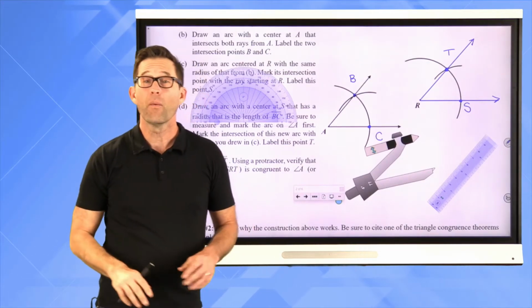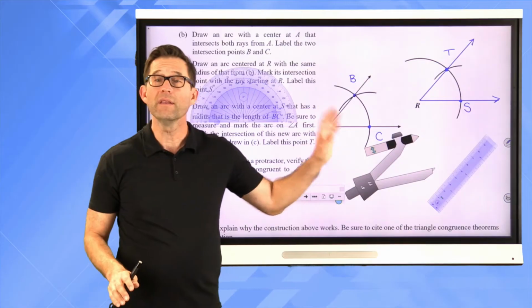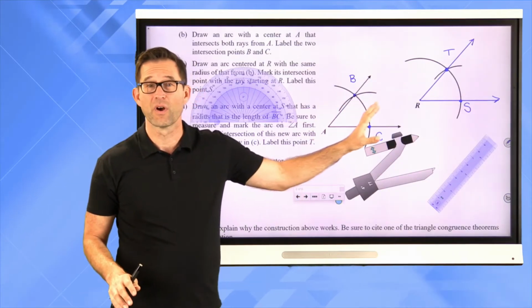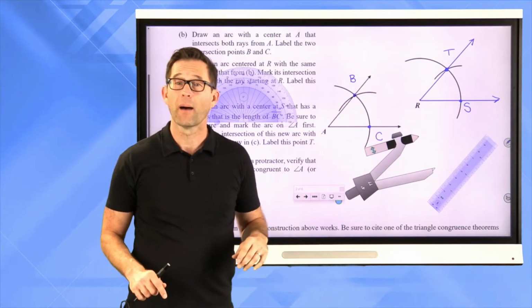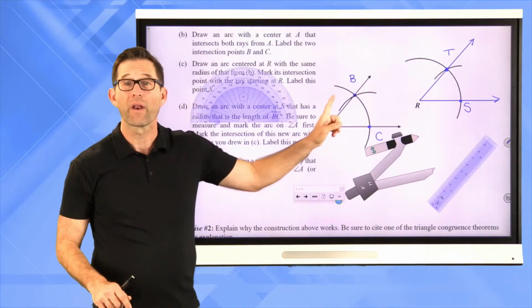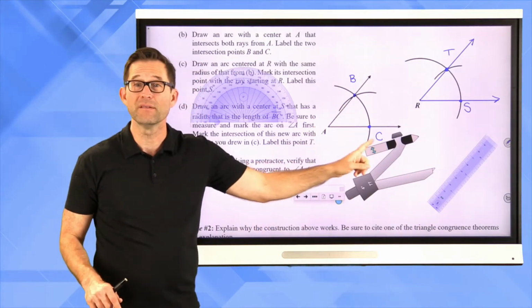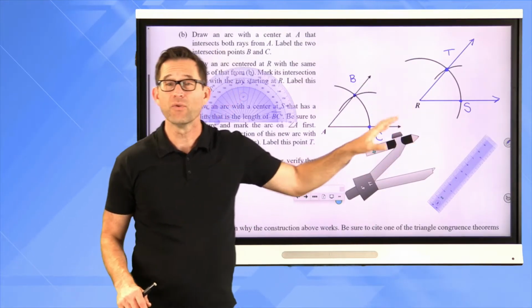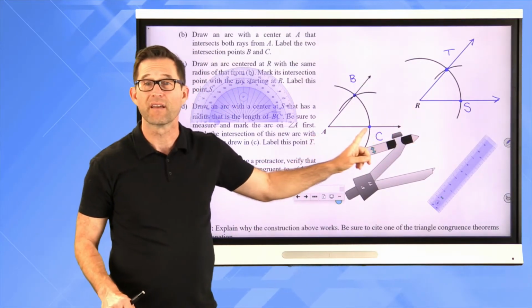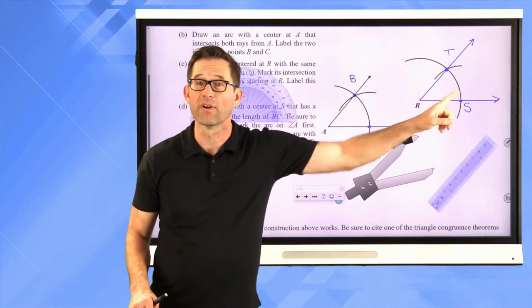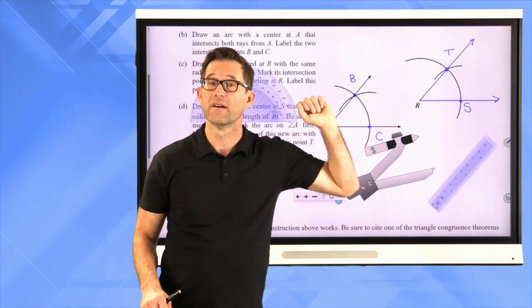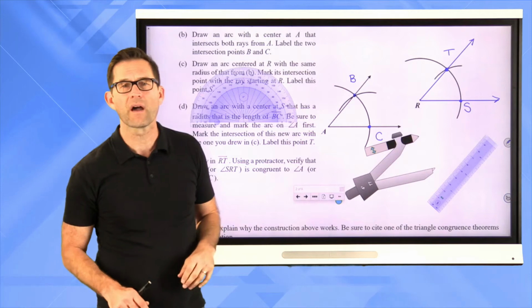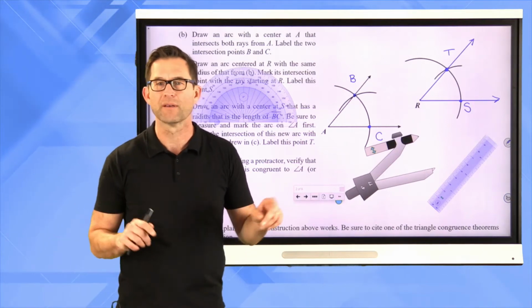Now, by the way, I want to point something out. What I really did in this construction is I more or less copied a triangle, okay? What I don't have there are segment BC and segment TS, right? But if I drew them in, really what I had done is copied triangle ABC over to here, to SRT. And again, notice a common theme when we copy something.